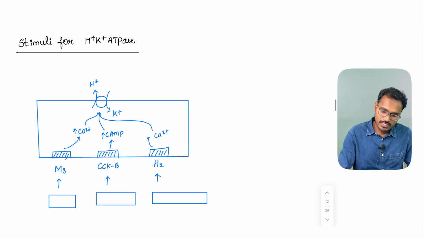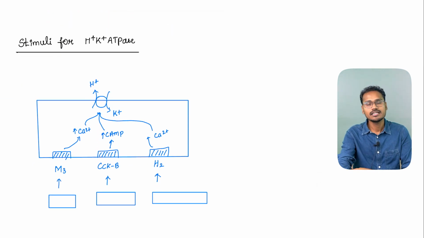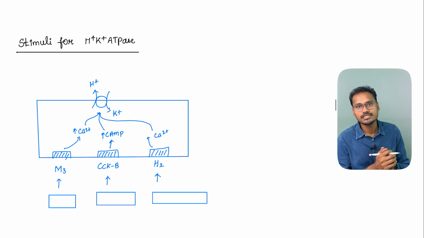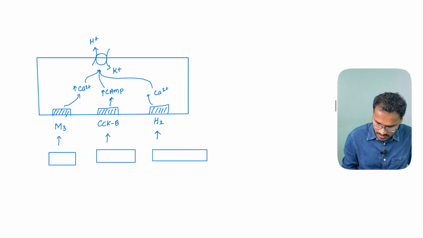Then what are the stimuli for this H+ K+ ATPase channel? Already we know there are three that are going to increase it: gastrin, acetylcholine, and histamine. There is the M3 receptor, a muscarinic type of receptor, through which the acetylcholine will act.